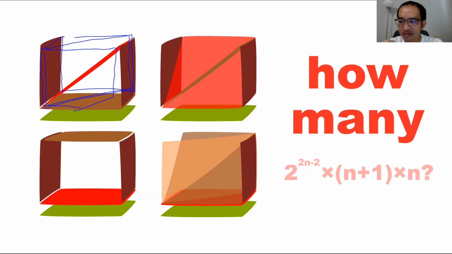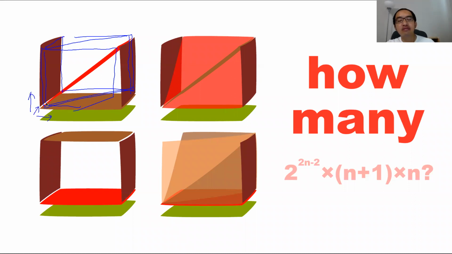Okay. And then in the chat, someone asked, why do the diagonals always go from bottom left to top right? So it depends on how you specify the direction. The direction I'm implicitly assuming is that you're going up here, and here, and here.